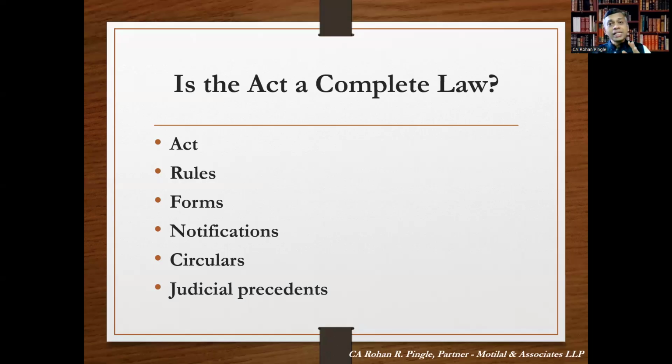Judicial decisions interpret the law and resolve disputes. Together, this creates the complete legal framework governing income taxation. Understanding this hierarchy is essential because many practical questions cannot be answered by reading only the Act itself. That is the connectivity: Act, rules, forms, notifications, circulars, judicial precedents.